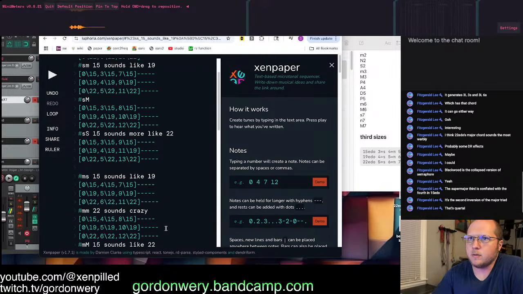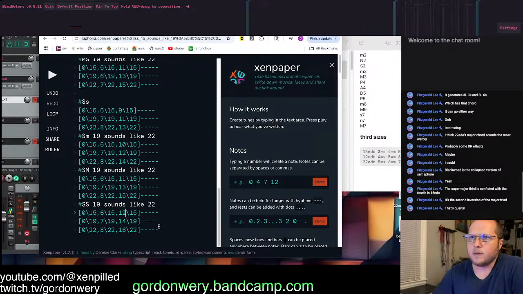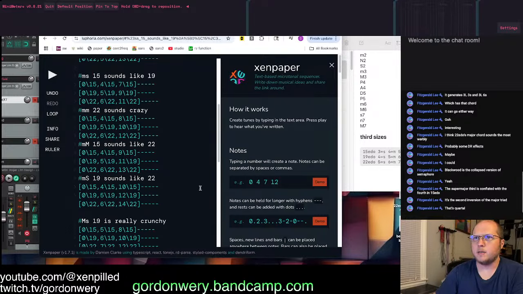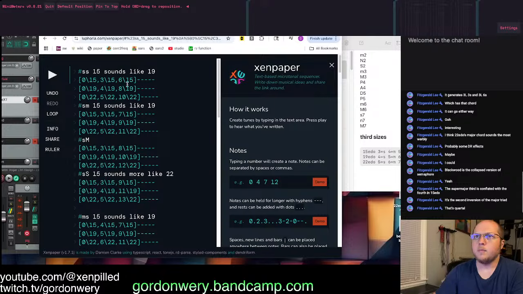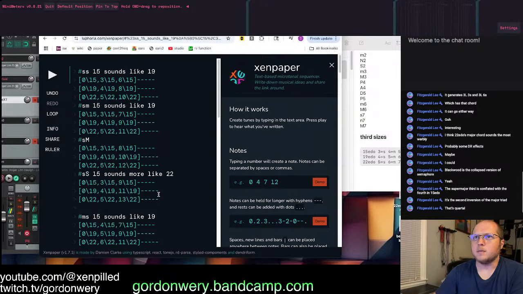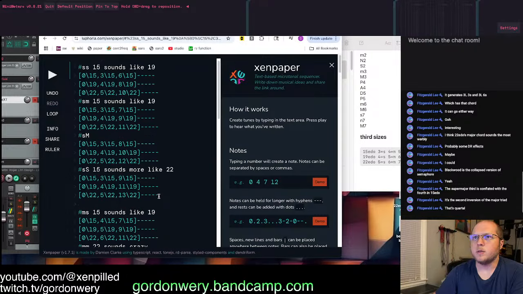So now we can see why it kind of makes sense to maybe not include the super major third in 15, but maybe in some contexts it would make sense to use it, but in most it probably wouldn't.